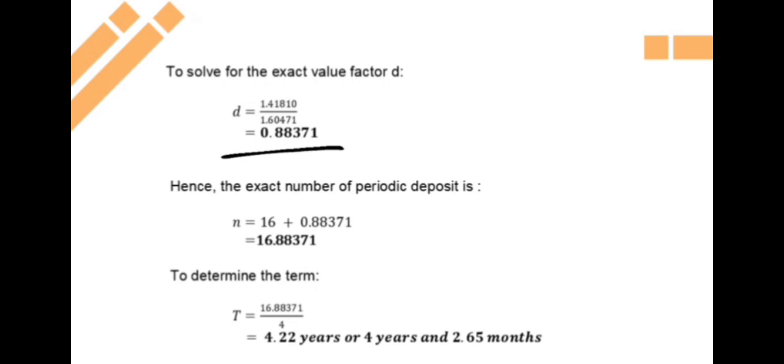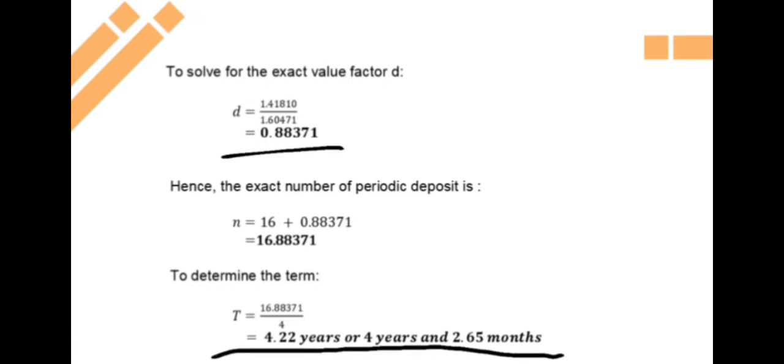Now, to determine our term, since our frequency of conversion is 4, because this is quarterly, we just divide the number of compounding periods by the frequency of conversion of 4. So, it will result in 4.22, which will be our term: 4.22 years or 4 years and 2.65 months.